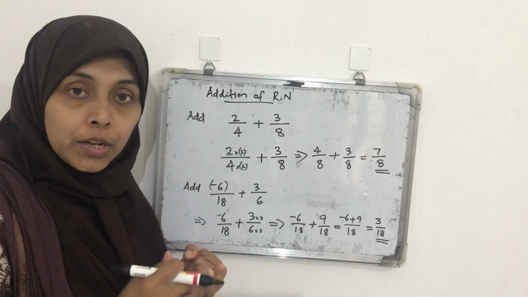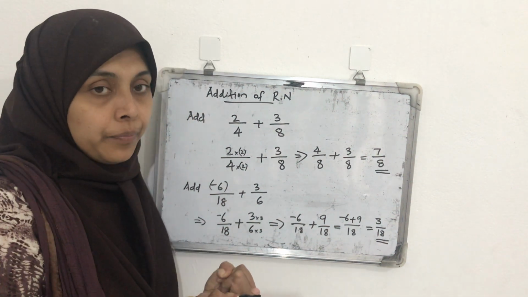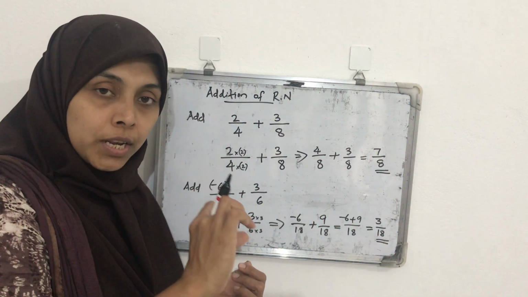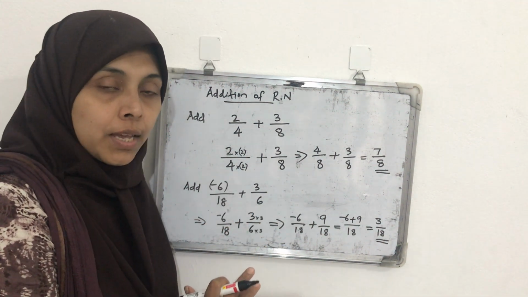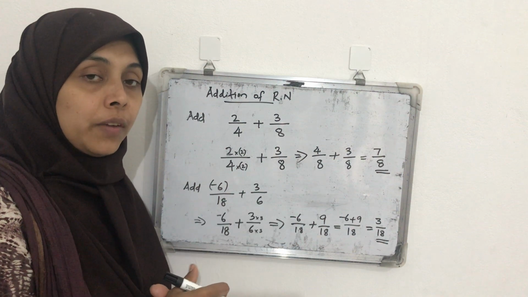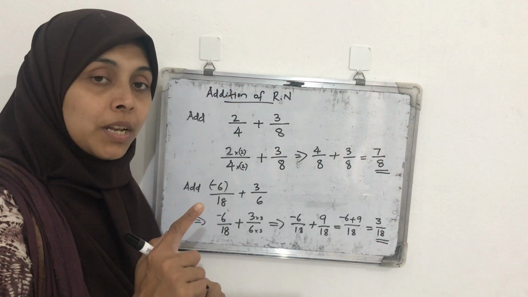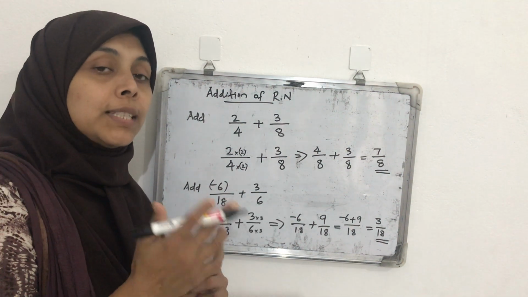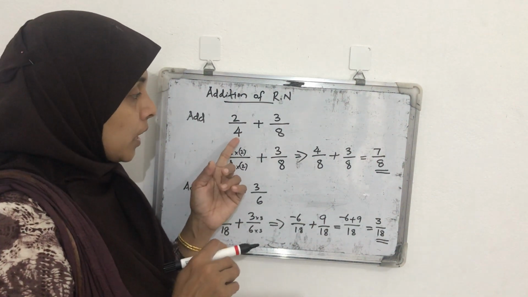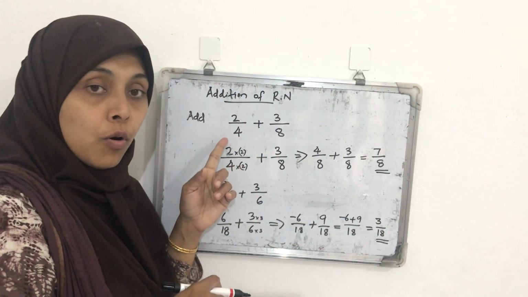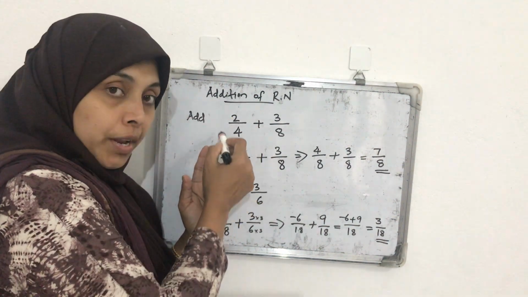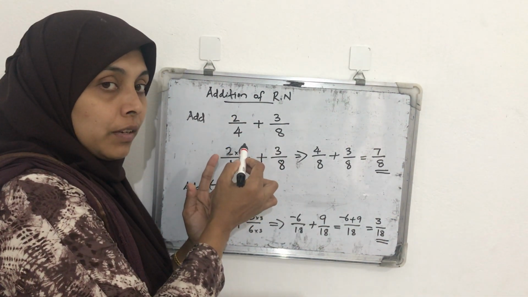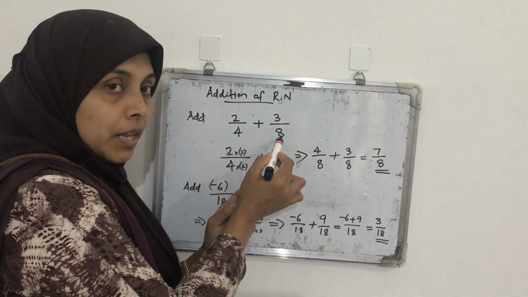First case is if the denominators are the same, we can add the numerators and write the denominator as the common one. Then the second case is if one denominator is a multiple of the second one. In this case, here 8 is the multiple of 4. So we are finding an equivalent rational of this with the denominator 8.